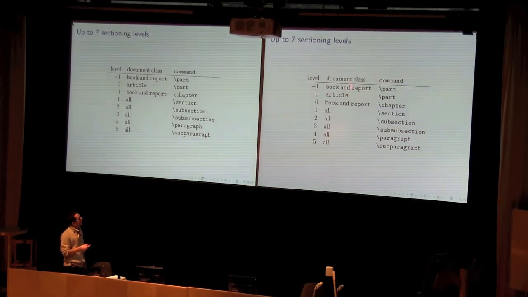So here you have the document class you use, because these commands are redefined by the document class. This means that they don't behave the same depending on the document class you use.